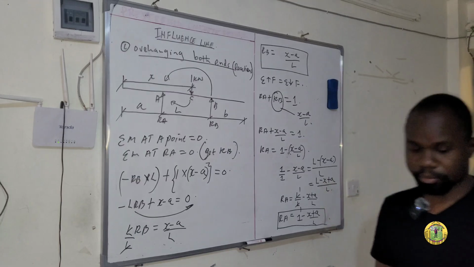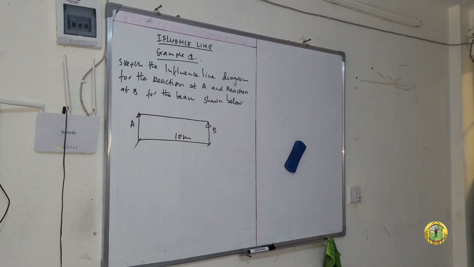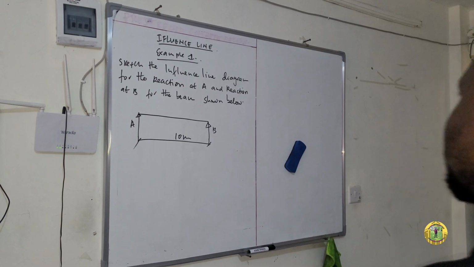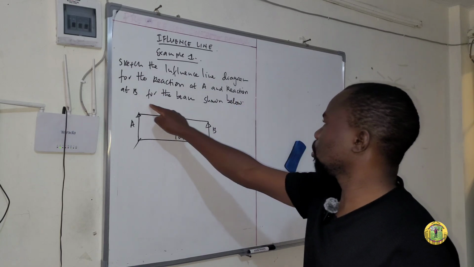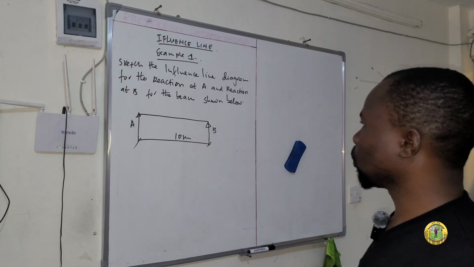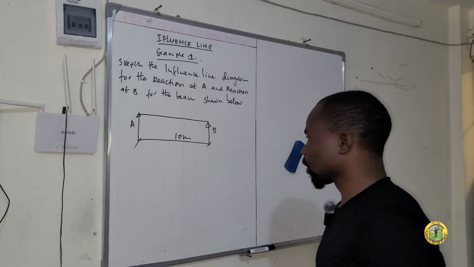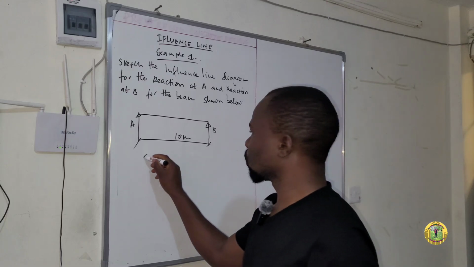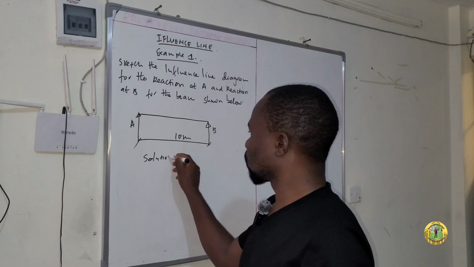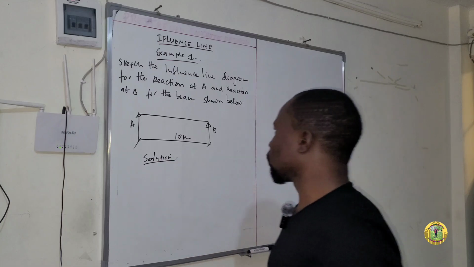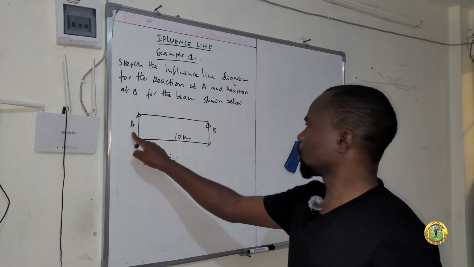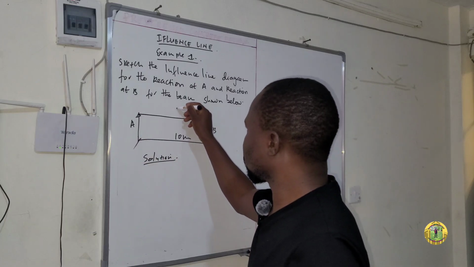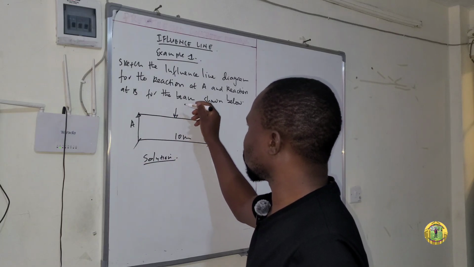So example number 1: sketch the influence line diagram for the reaction at A and the reaction at B for the beam shown below. So this is the beam. Solution. First, consider a 1 unit load at any point from support A. So let's consider a 1 unit load at this point.